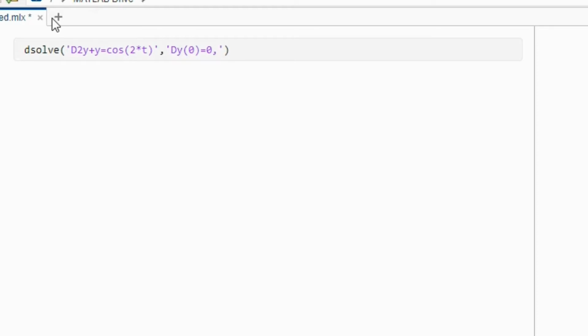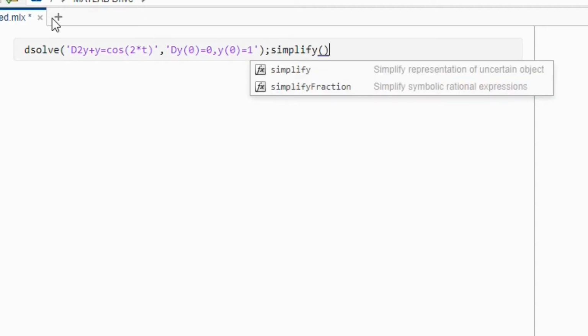Yes, this is the initial condition, and y at 0 is equal to 1. Yes, press the enter button, you will get the required answer.